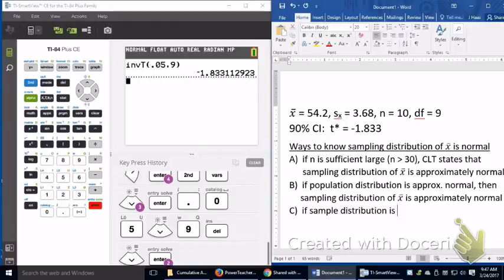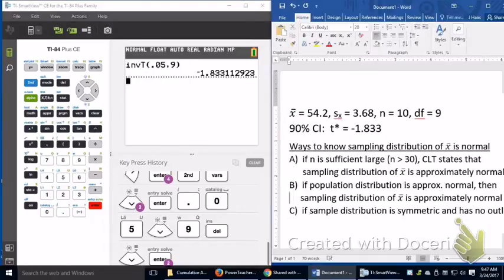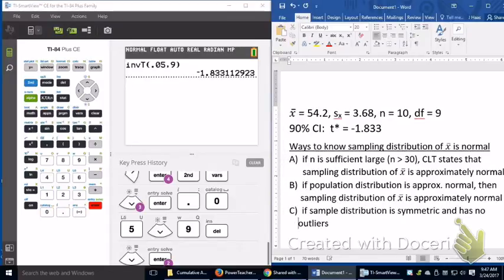is symmetric and has no outliers, then it's reasonable to assume that the population distribution may be normal.